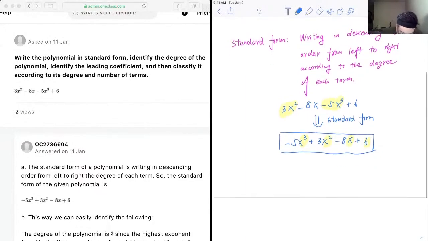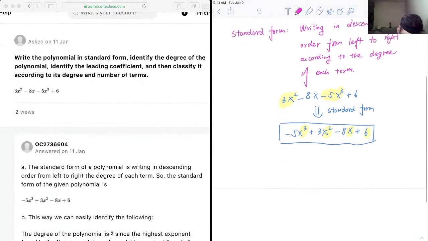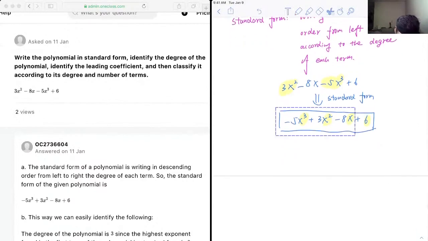Okay, so next we need to find the degree of the polynomial. Let's copy this part down.